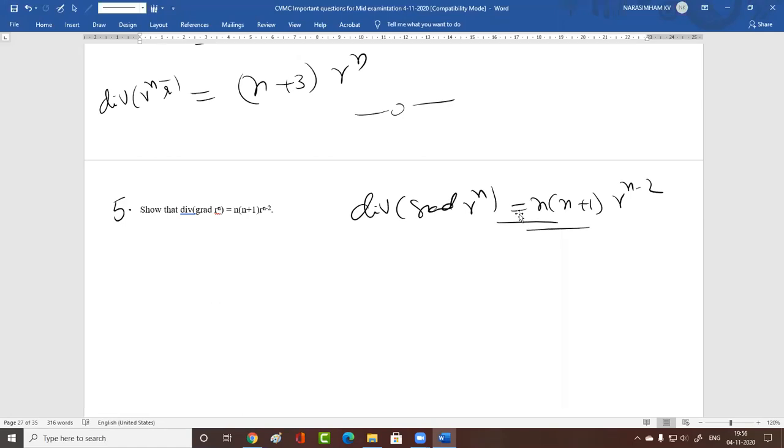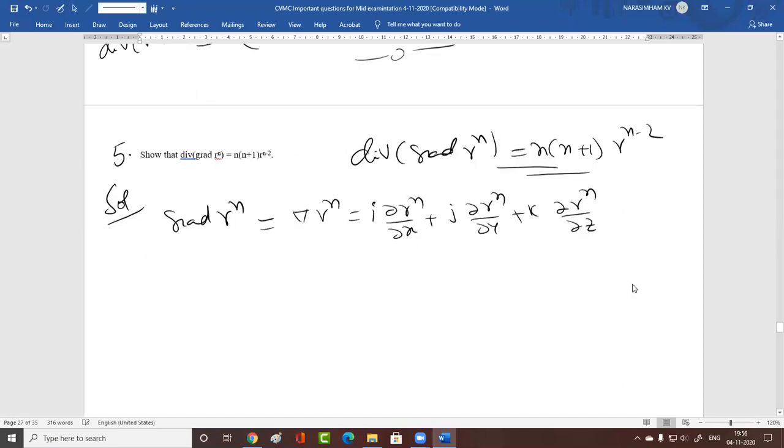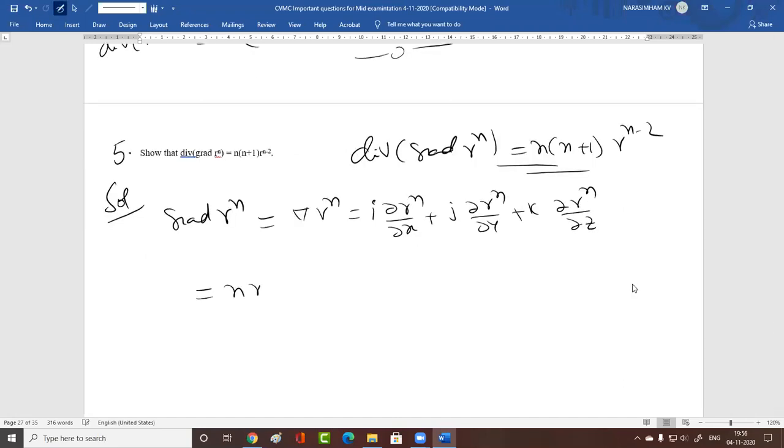First we will find the gradient of r power n. Del r power n equals i dou r power n by dou x plus j dou r power n by dou y plus k dou r power n by dou z. Find the partial derivatives: n into r power n minus 1, the r power n derivative, into i dou r by dou x, and the same for j into dou r by dou y plus k into dou r by dou z.